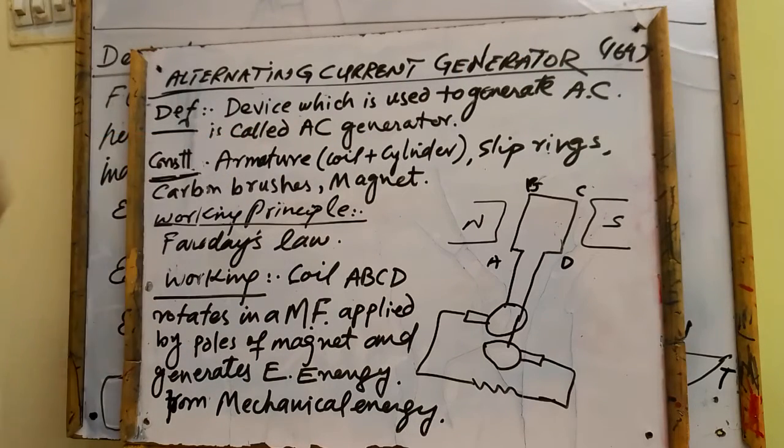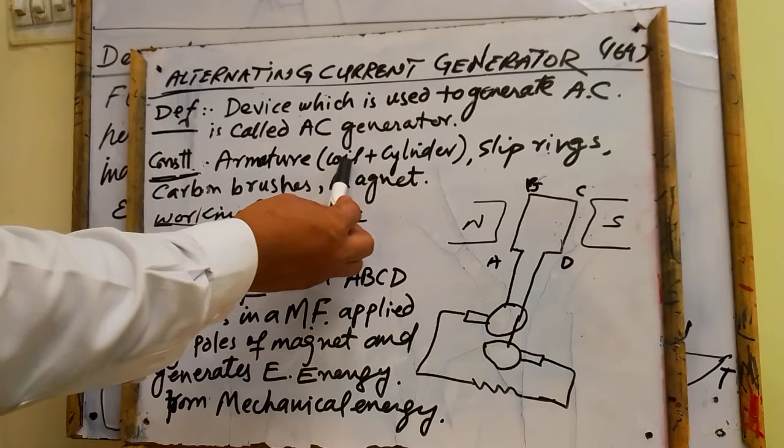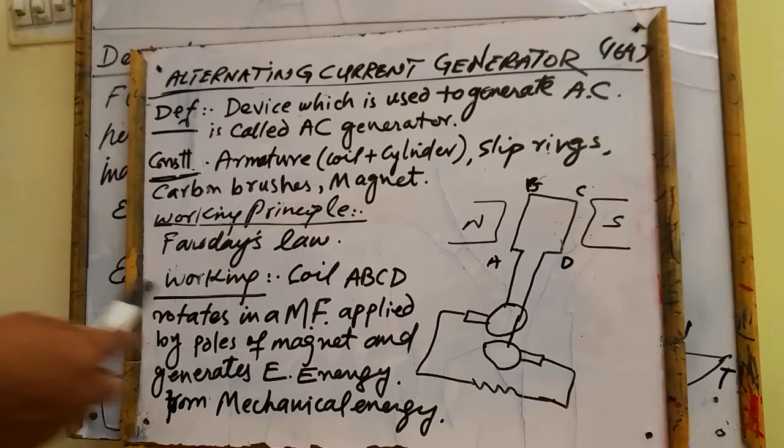The construction of AC generator is very simple. It has an armature. Armature is basically a coil wound around a cylindrical iron core, which is the basic core part of the AC generator.